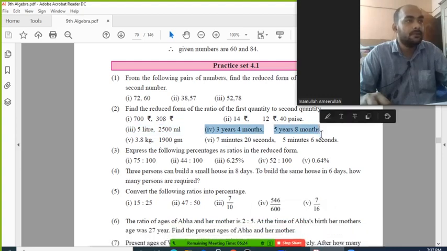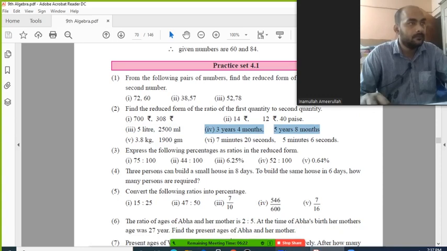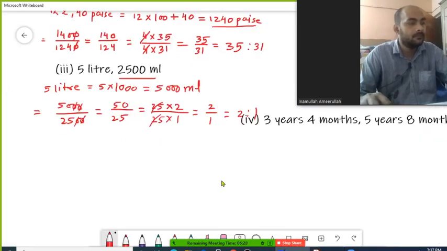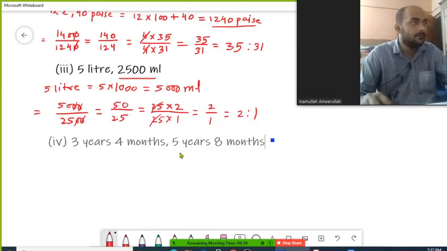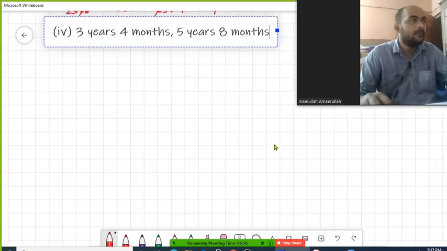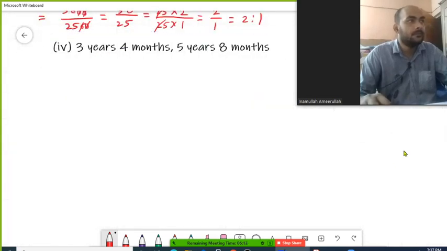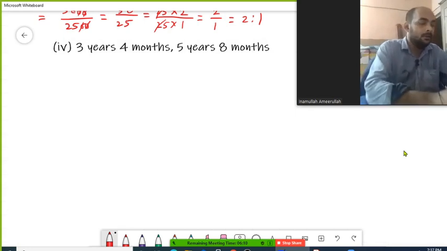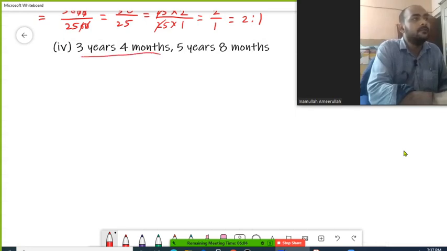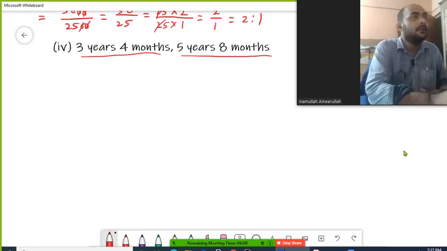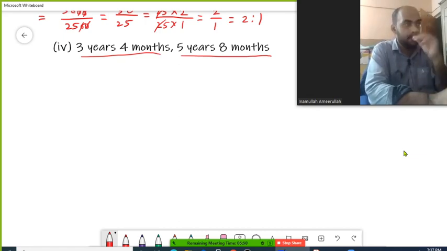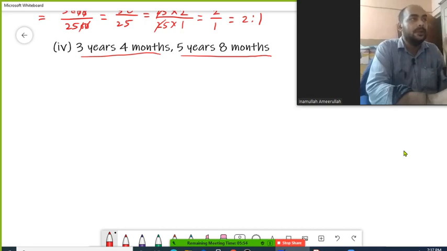Question number 4. First quantity is 3 years 4 months and the second quantity is 5 years 8 months. So we need to convert both quantities into the same unit. So I'm going to convert everything into months.